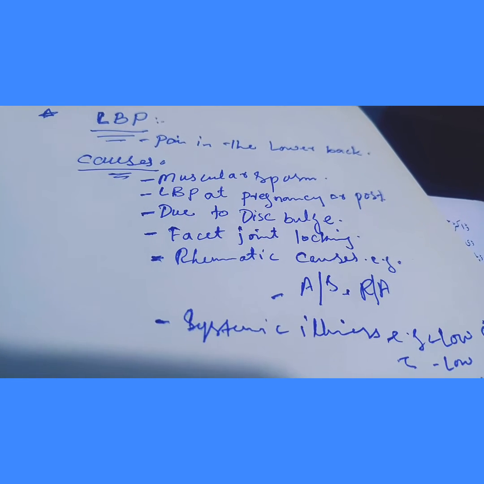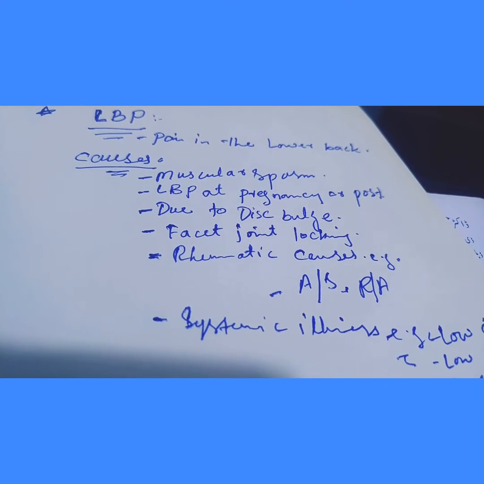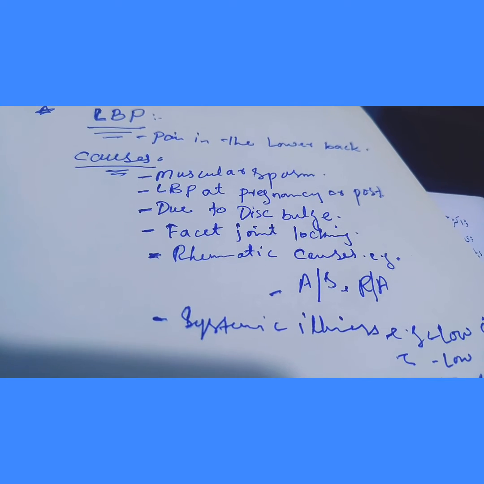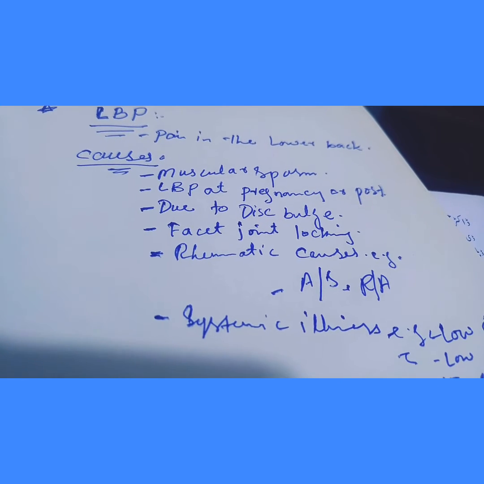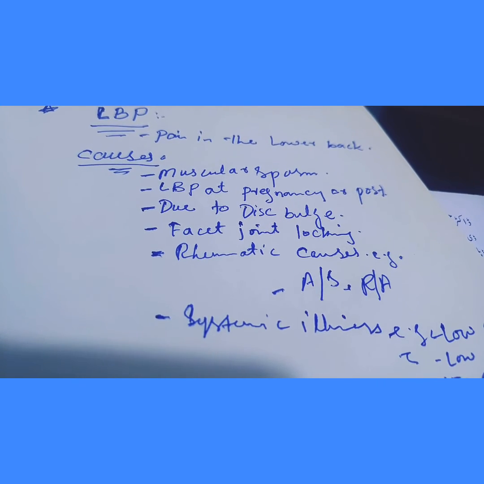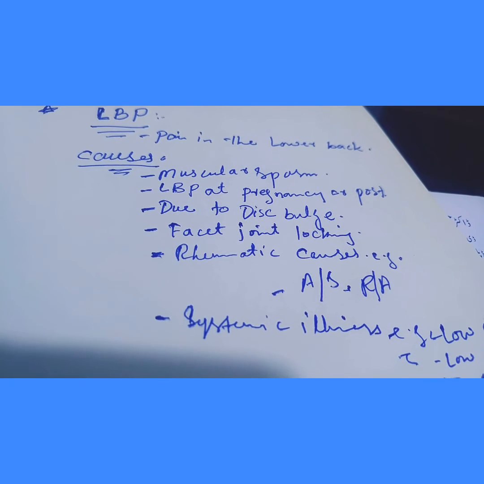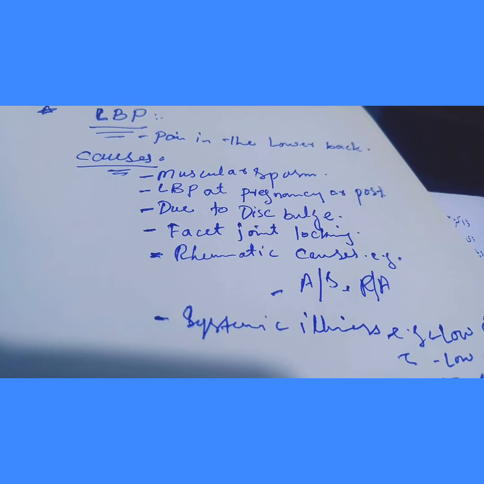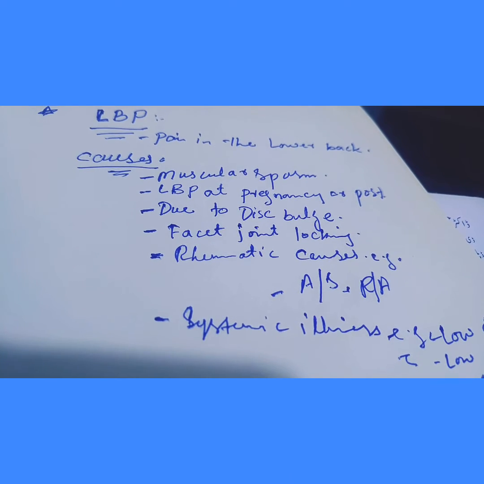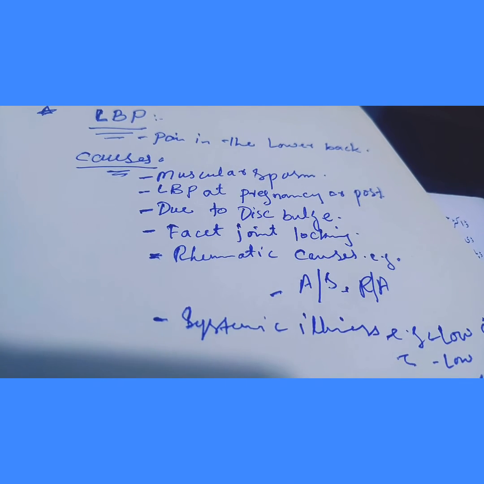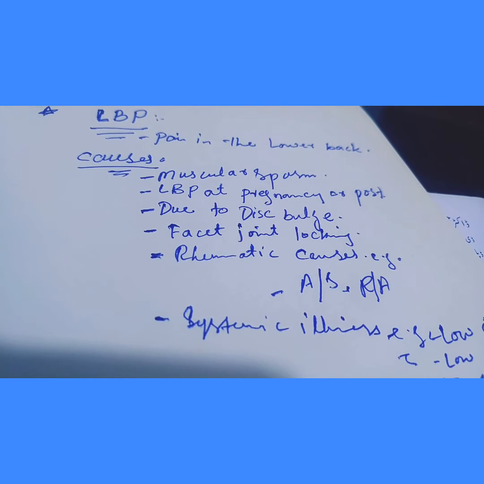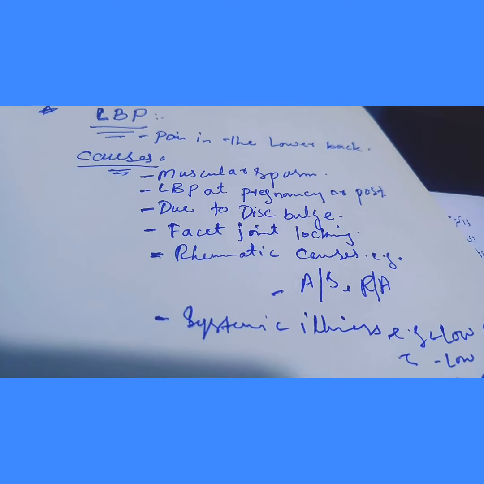Now, if the complaint is of disc bulge, or the patient is complaining of radiating pain, then we have to go for an MRI scan. On that we have to look at the nerve roots and the nerves that are emerging from that local point, to see whether there is any problem with the nerve which can cause radiating pain.